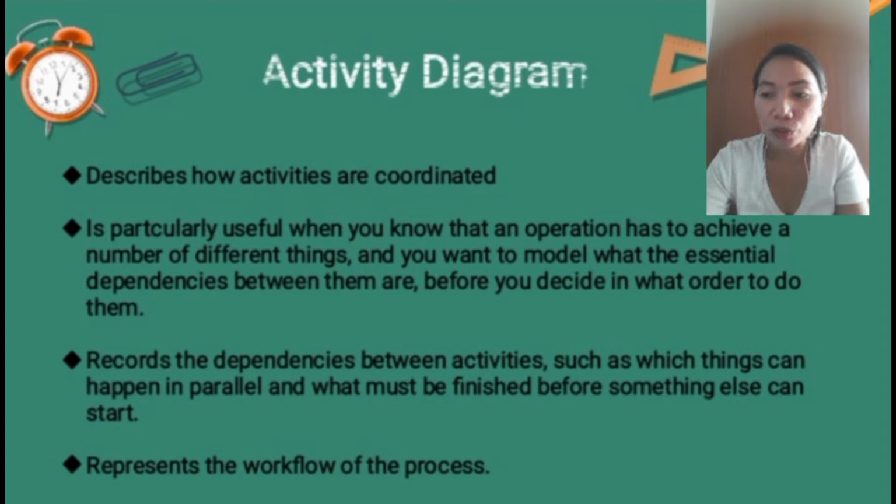They are used in business and process modeling where their primary use is to depict the dynamic aspect of a system. An activity diagram is very similar to a flowchart. So let us understand if activity diagrams and flowcharts are any different. That's all. Thank you.